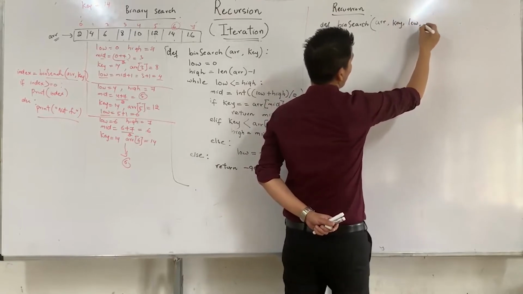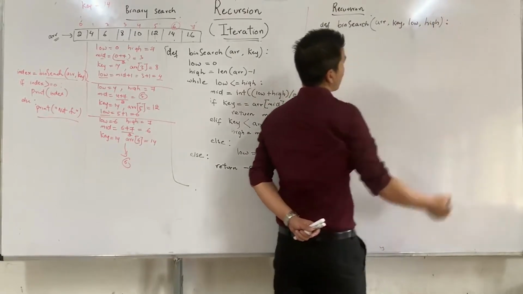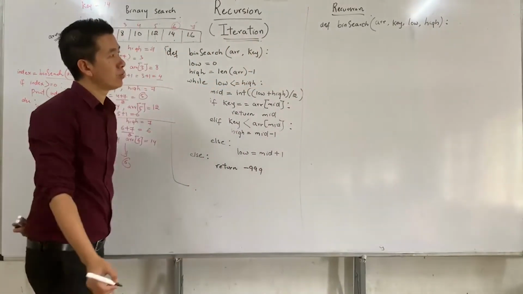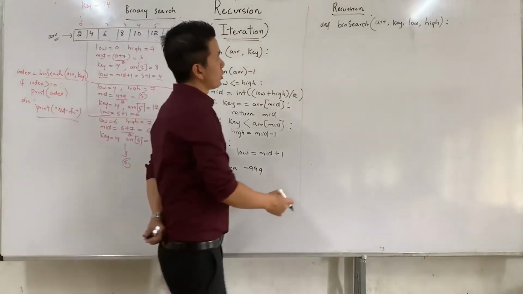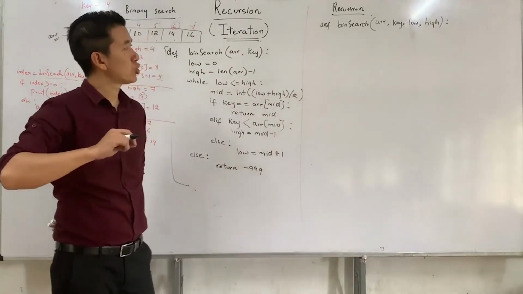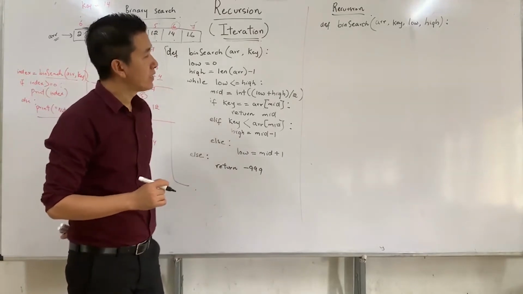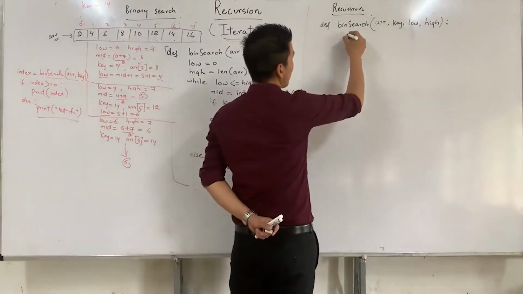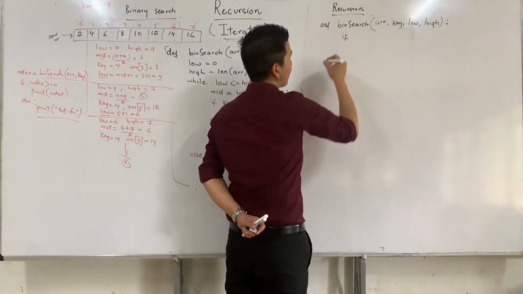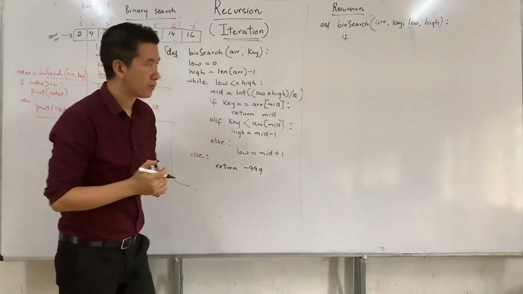You have the low and then you have the high. So the function header will differ. This is the function header for the function definition of bin search to be done with the method of recursion.